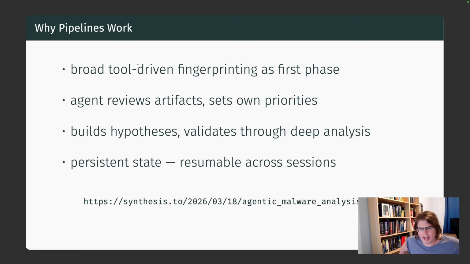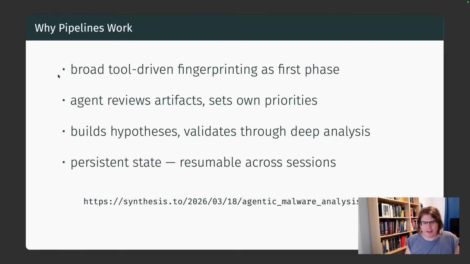Then in the next step, we let the agent review these artifacts and tell it, hey, what is interesting, what is not interesting. And based on what you see, build some hypotheses: what might be true, what might be false, what might be interesting to look at.